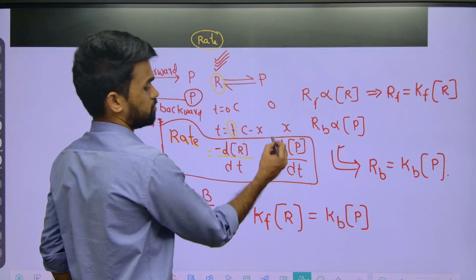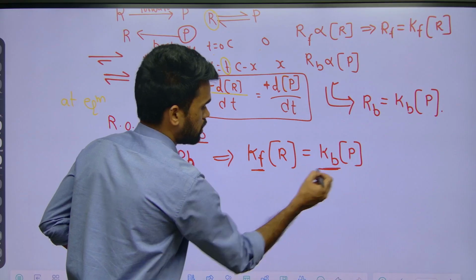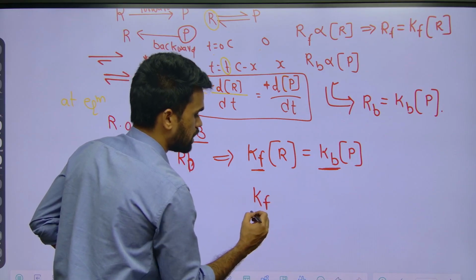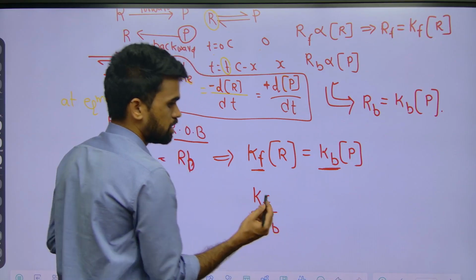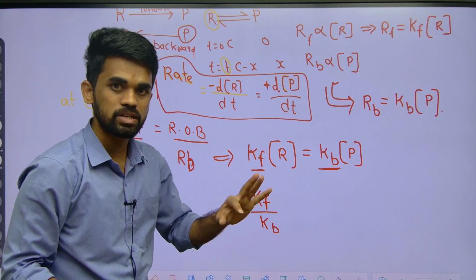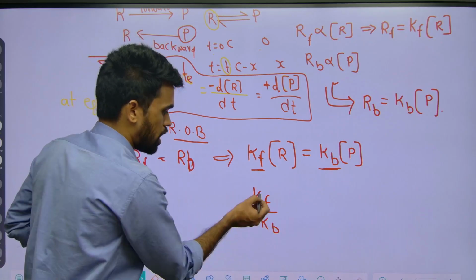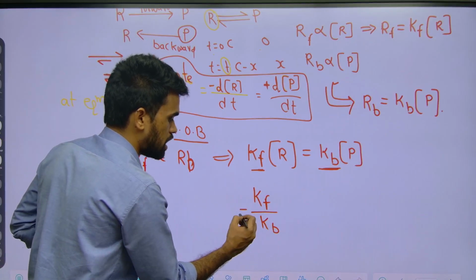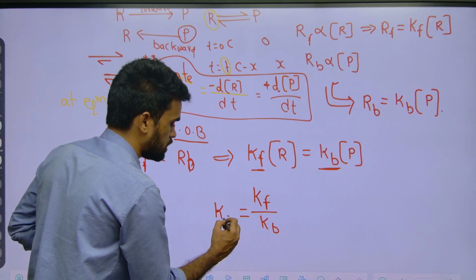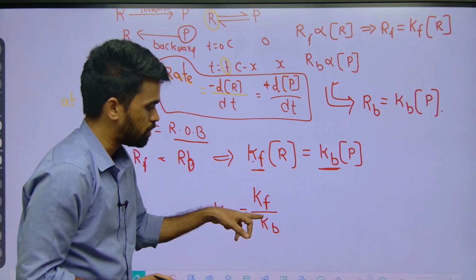Okay, that's it. Here this is a constant, this is also a constant, the ratio of two constants, again consider as a constant, because something like kf is 2 and kb is 4, both constant values, 2/4 is 1/2, and 1/2 is also a constant. So the ratio of two constants is also a new constant, and that new constant is considered as kc. Okay, so we write kf by kb like this.